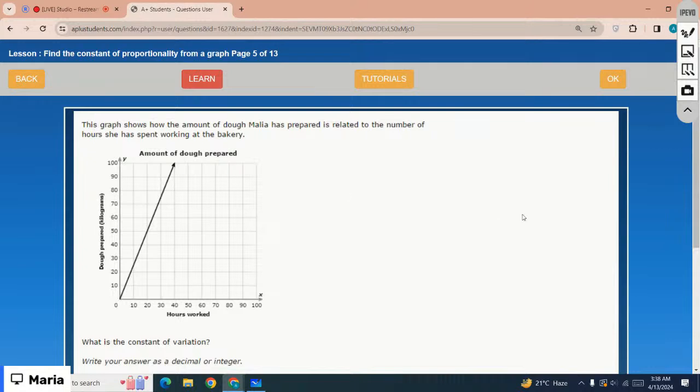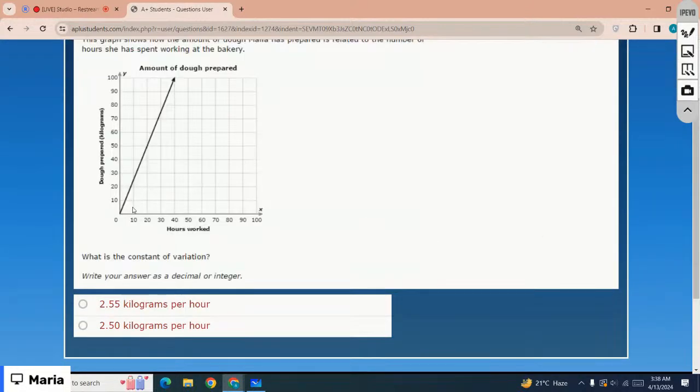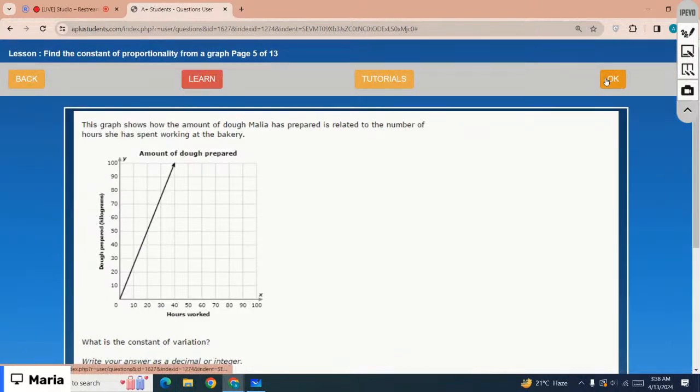Which is the correct option? 2.55 kilograms it is. Basically, what you have to do is simply find 2 points on the graph, and then calculate this formula, that is change in y divided by change in x, right?